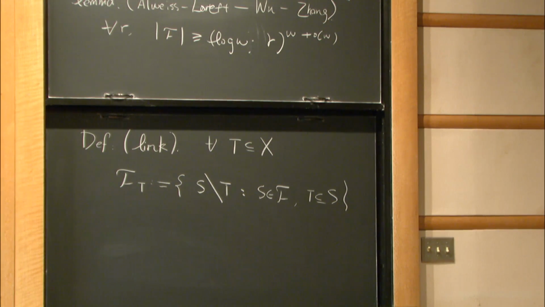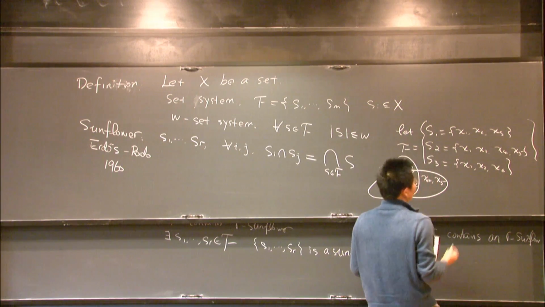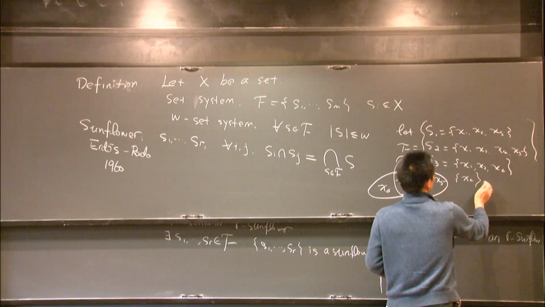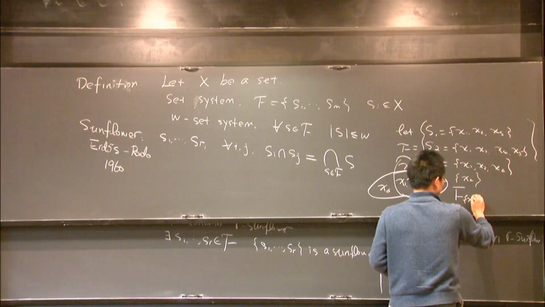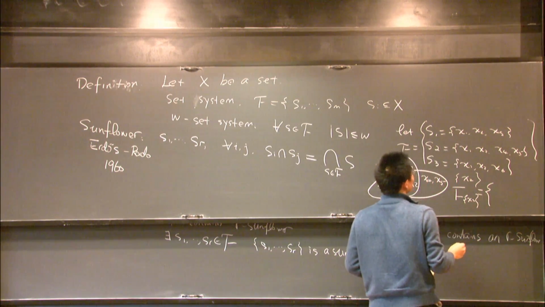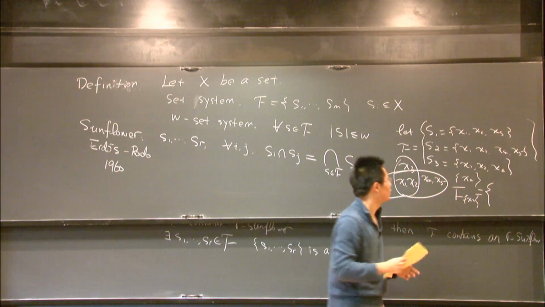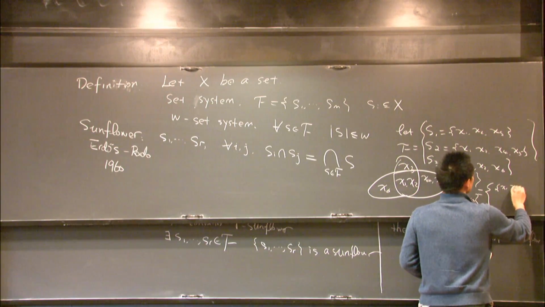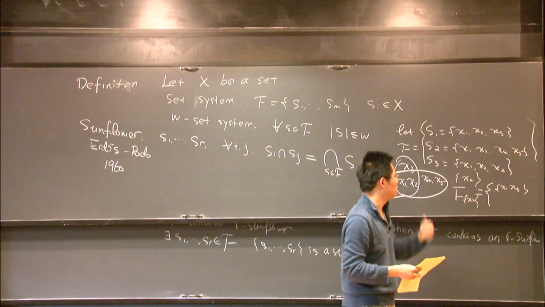So let's say f is this set system, and we can take, for example, x2. Is this clear, or is it too small? Okay, sure. The link of x2 is basically x1, x3, because the first set contains x2 and we remove x2.